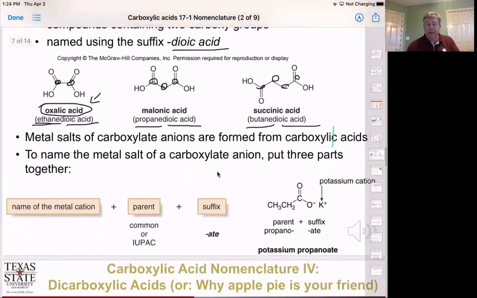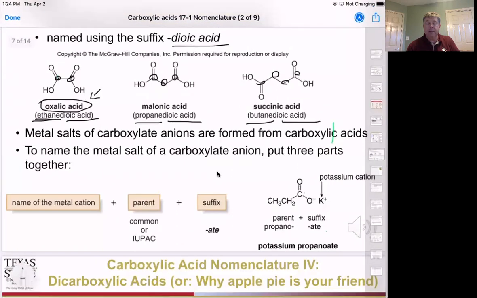Now, if we think about these as the fact that they are carboxylic acids, which means we can deprotonate them and make them into salts, we name that slightly differently. And what we do is we name it as the carboxylate anion. And so that's where we get the word ate out of it.